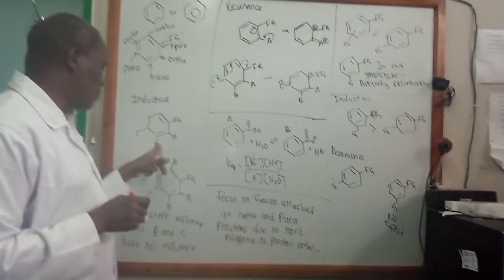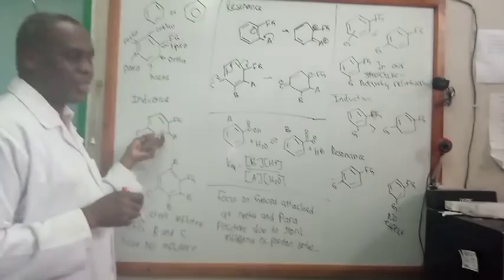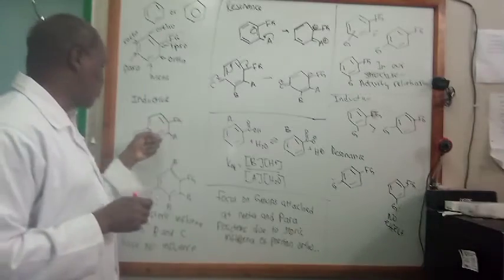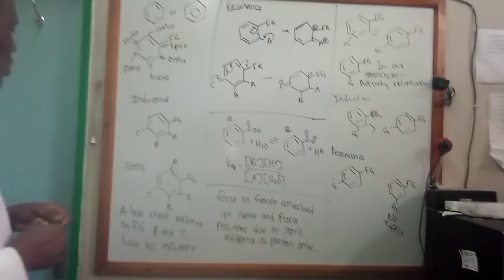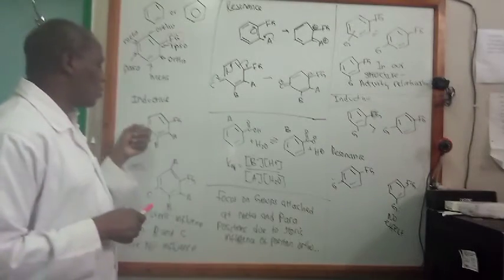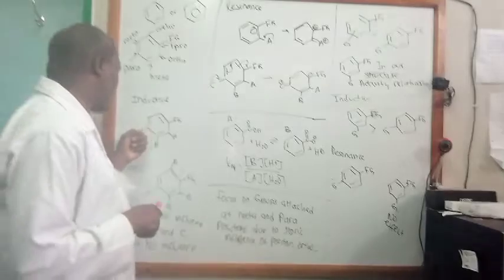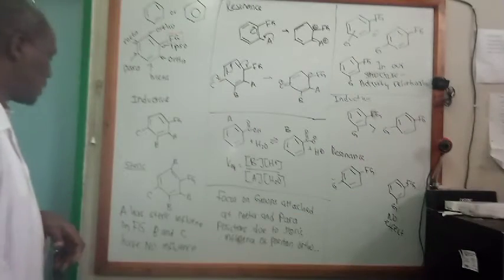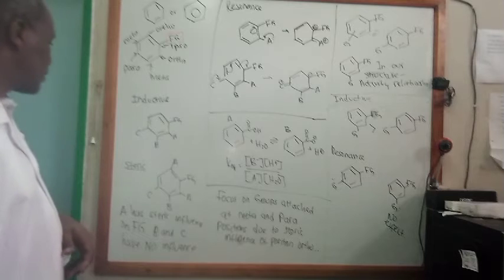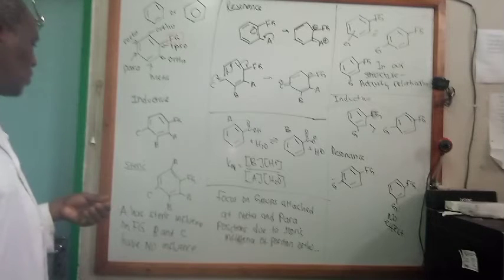Then there is atom B, which is slightly far away, and then atom C is going to be said to be far away. In fact, there will be very little inductive effect from atom C. Very little inductive effect.